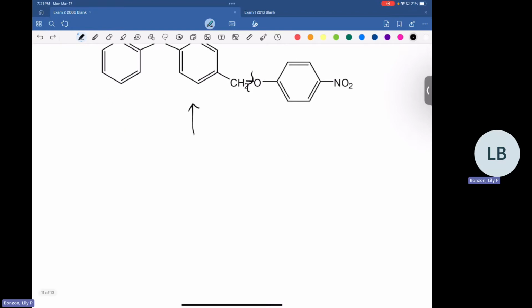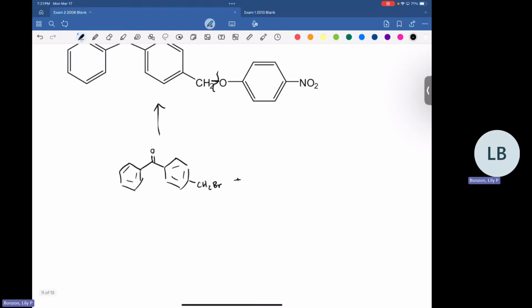And so what we can do is we have our group on the left, and then if we react a bromine with a phenoxide anion, so the O minus, we can do an SN2 reaction.